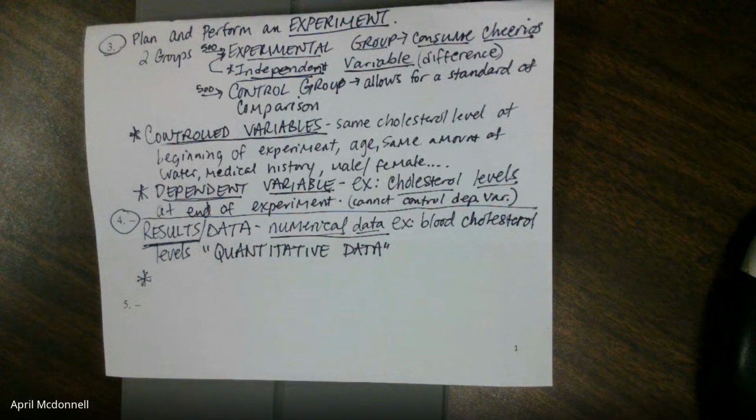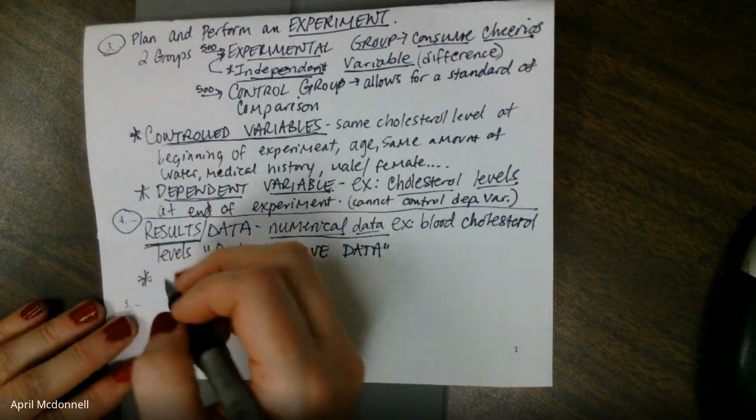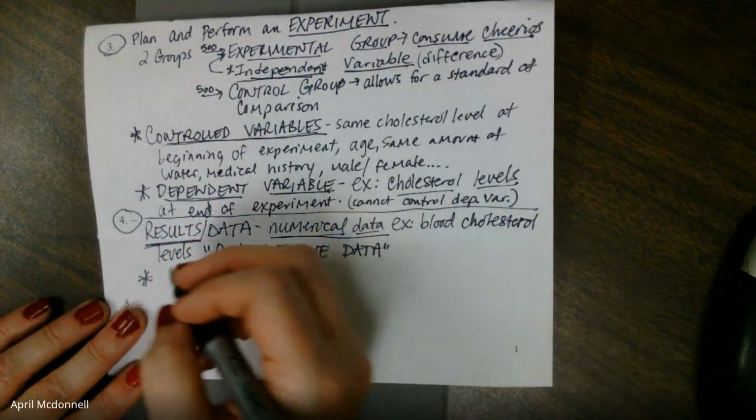For example, if we're looking for the color of something, maybe we're doing an experiment for flowers and we're trying to look for the color of the flowers. Maybe we're testing fragrances, or maybe we're doing a taste test. That is what we call qualitative data.